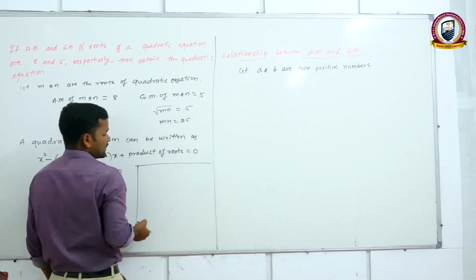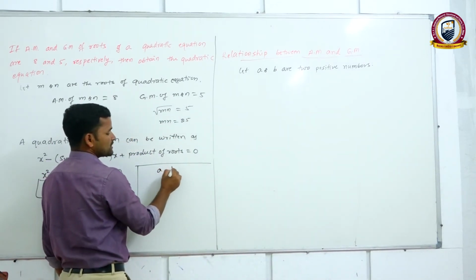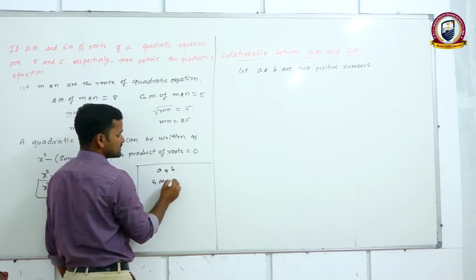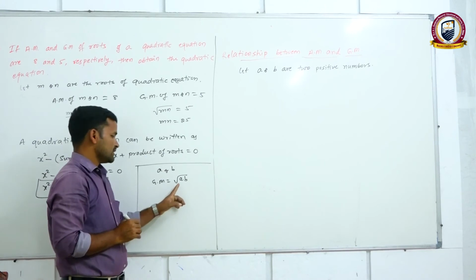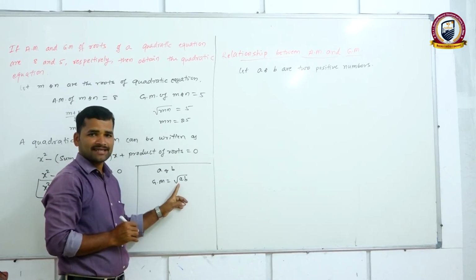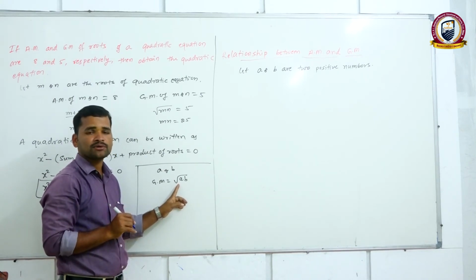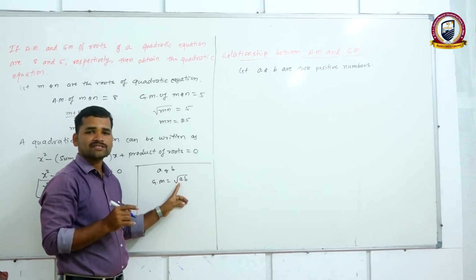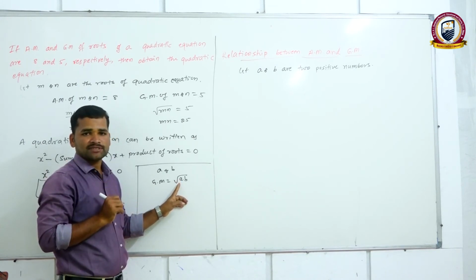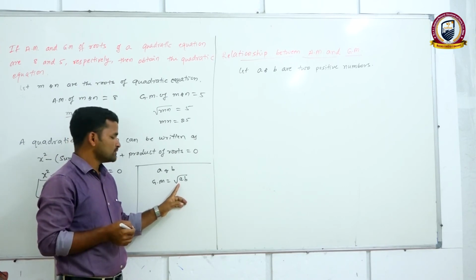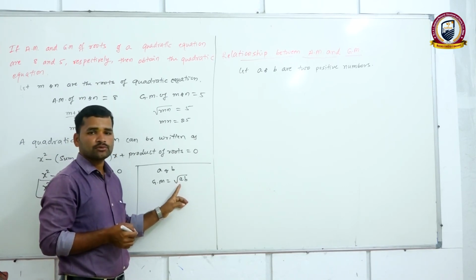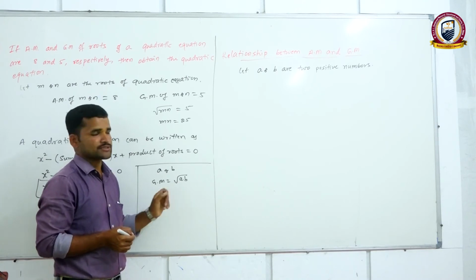See, if a and b are two numbers, their geometric mean GM is root ab we will calculate. Root ab, if any one value is negative, then root of that means it goes to the complex numbers. Complex numbers is a chapter we will cover. So this GM is defined only for positive a and b, that's why.